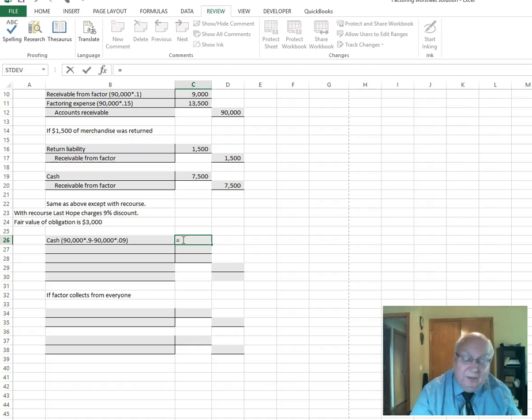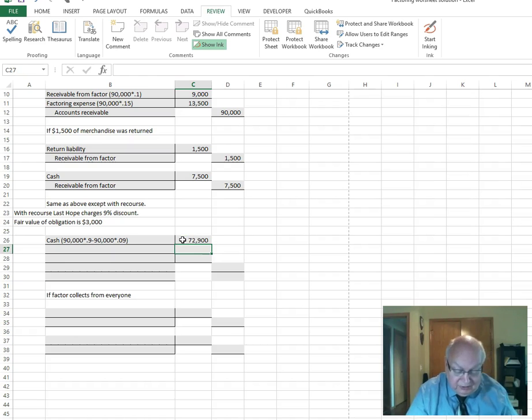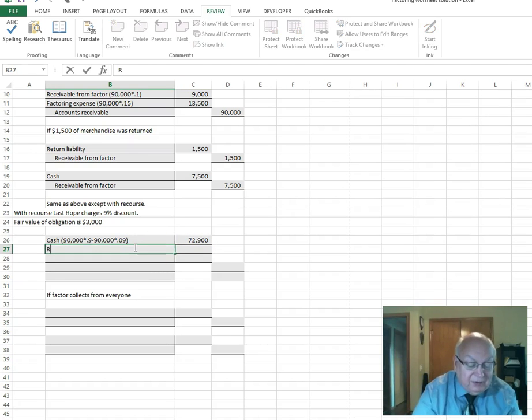So we have equal 90,000 times 0.9 minus 90,000 times 0.09 for the discount rate. So you're going to receive $72,900. Then we still have the receivable from factor, just like we did from above, because you still have that coming later.